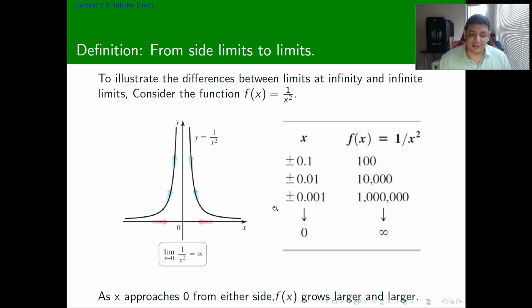So what I can say here is that the limit when x goes to 0 is infinity, and you can see that graphically here. The more I approach 0, the larger the values are going to be. Similarly, from the left side or the right side, they both produce infinity, and that's why the whole limit is infinity.